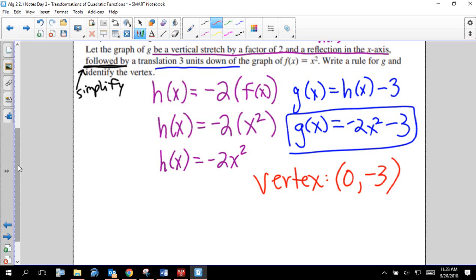Just need to write your vertex. You should have paid attention.